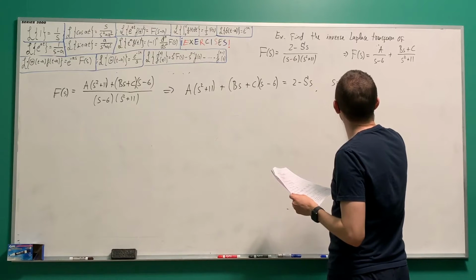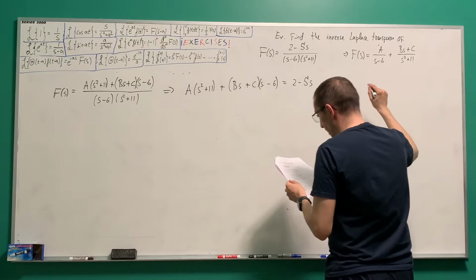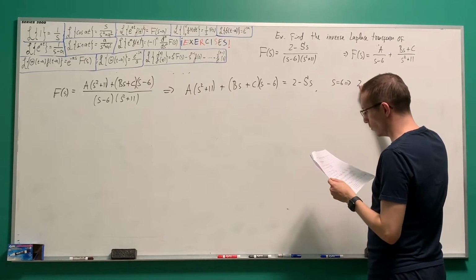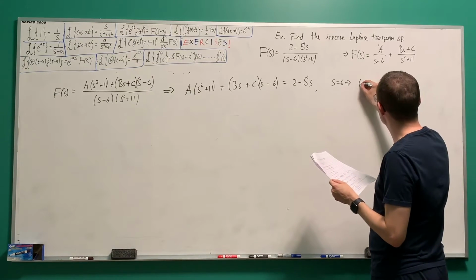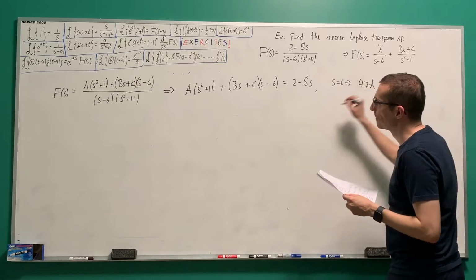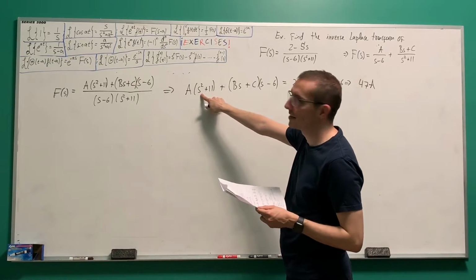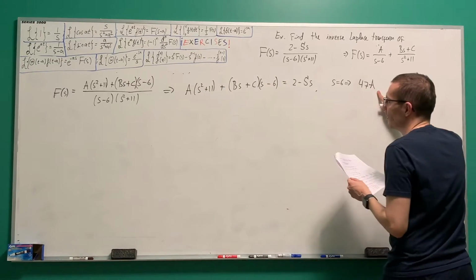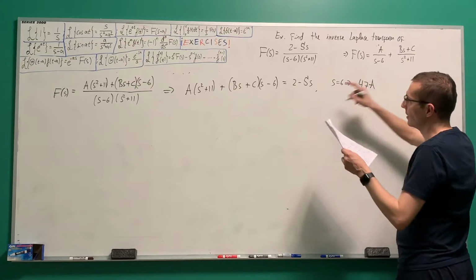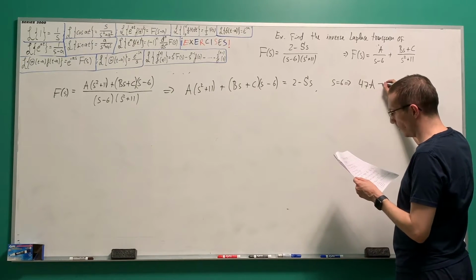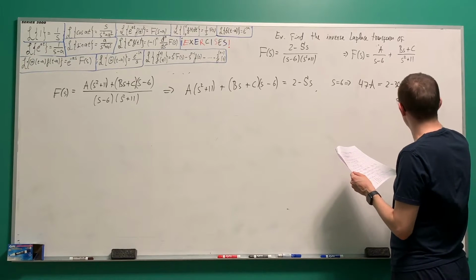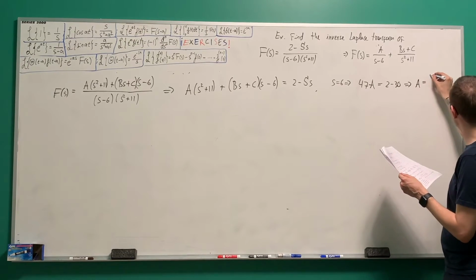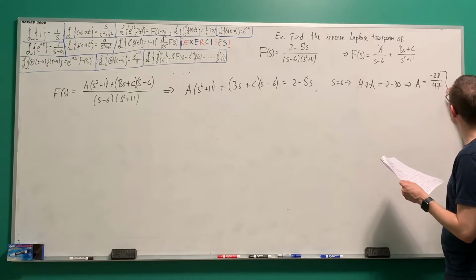So for s equals 6, the left hand side is 47A. This is 6 times 6 plus 11, so 47 times A. The right side is 2 minus 30. And you can solve for A, and you get that A is equal to minus 28 divided by 47.